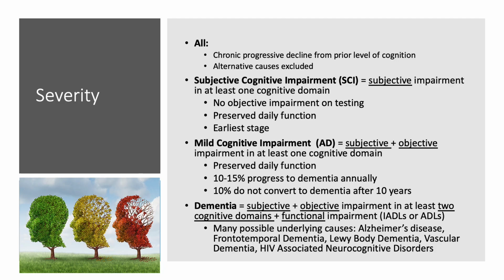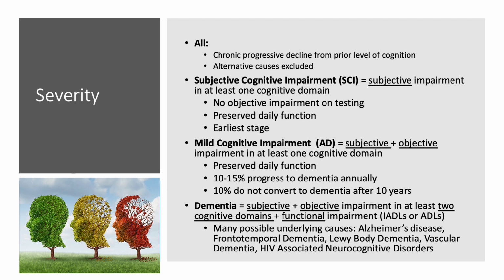Mild cognitive impairment, MCI, is a combination of subjective and objective impairment in at least one cognitive domain. These patients will still have really preserved daily function, but they are at a higher risk of progressing to dementia, something in the range of 10 to 15% increased risk annually.